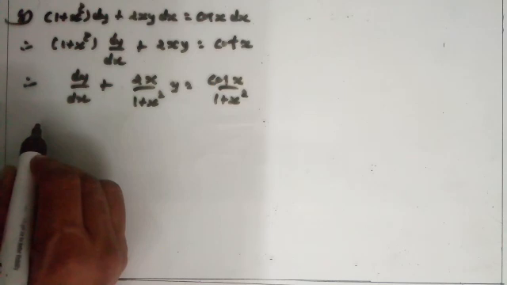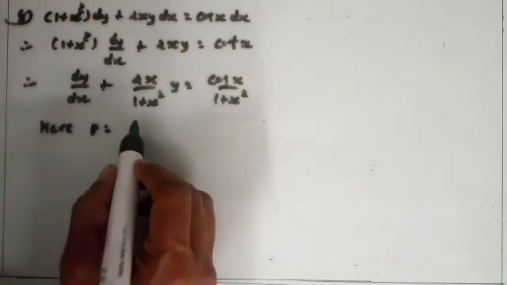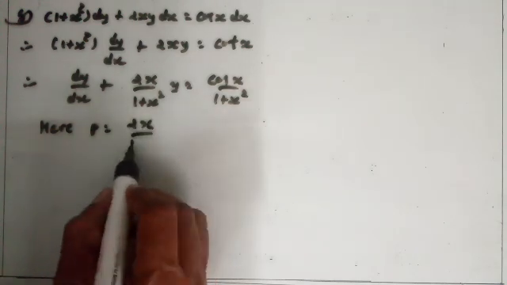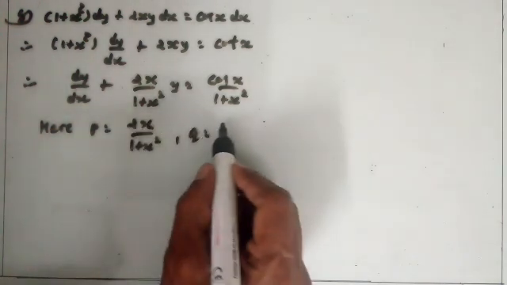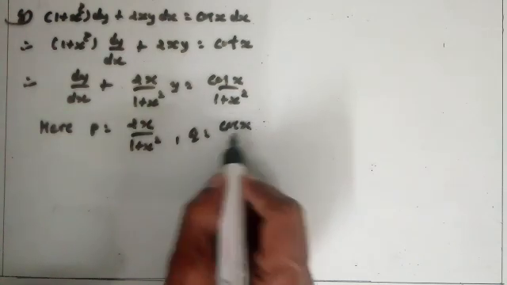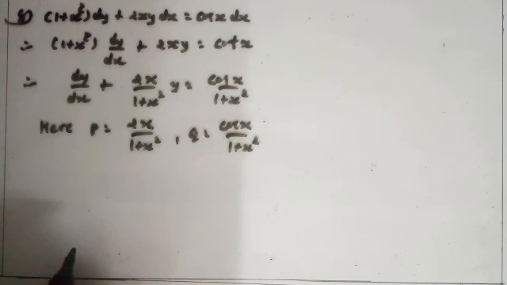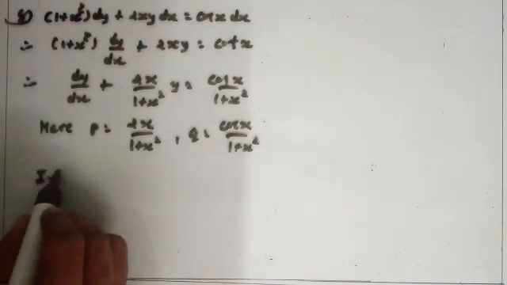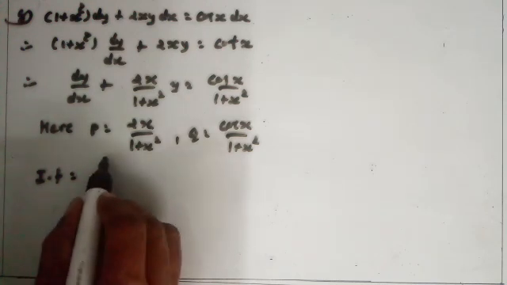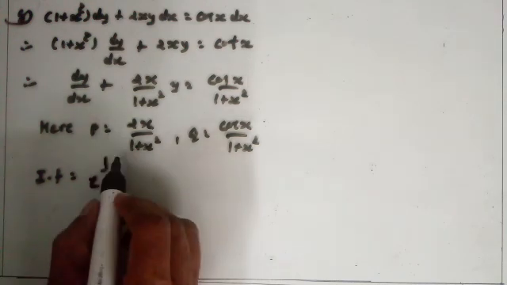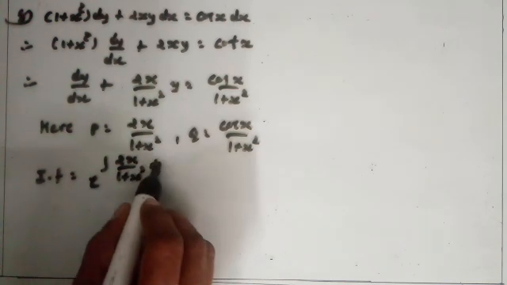Here p is equal to 2x upon 1 plus x square and q is equal to cot x upon 1 plus x square. Now find the integrating factor IF, which is equal to e raised to integration p dx, that is 2x upon 1 plus x square dx.